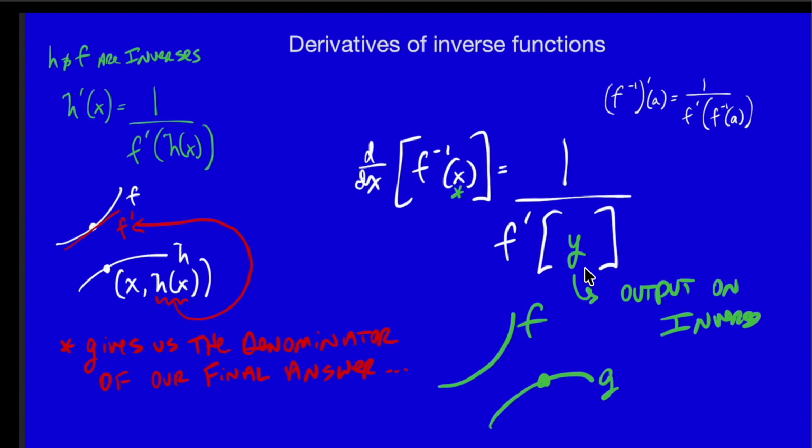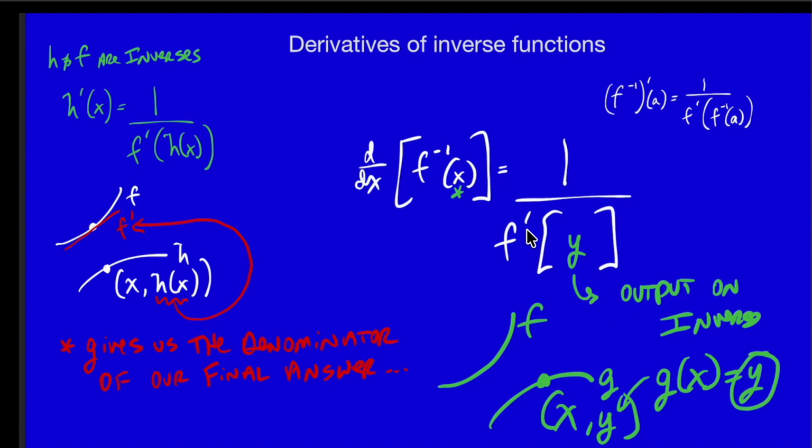And on g, there's going to be a point x comma y, where g of x equals y. That output on the inverse function is what's getting plugged into the derivative. Just keep that in mind. Whatever they call it, whether y or however they refer to the output of the inverse function, that goes into the derivative of the f function. And again, remember, your answer is in the denominator.